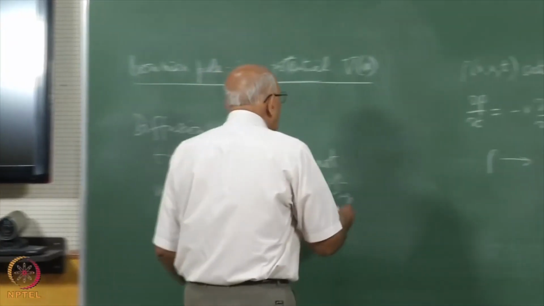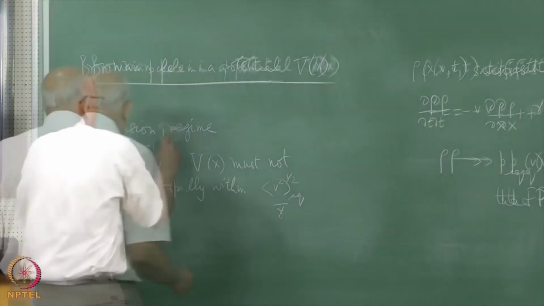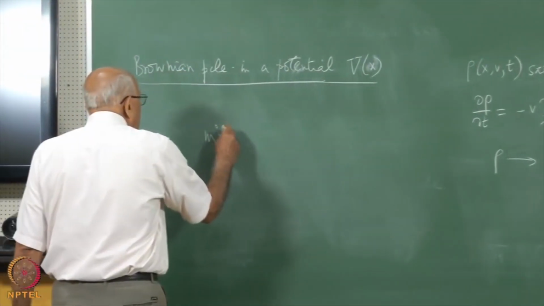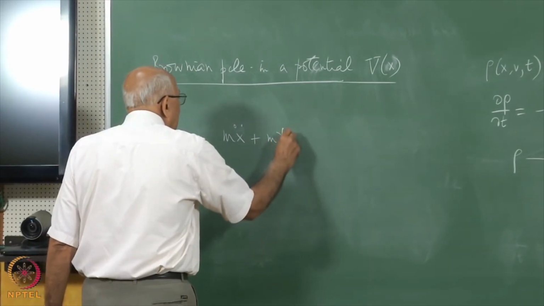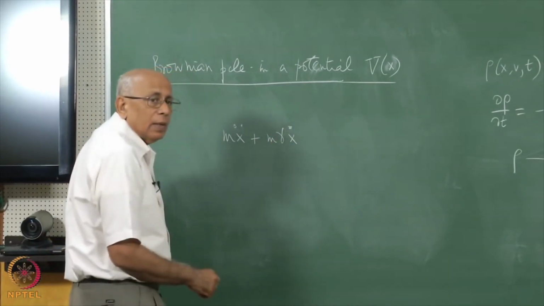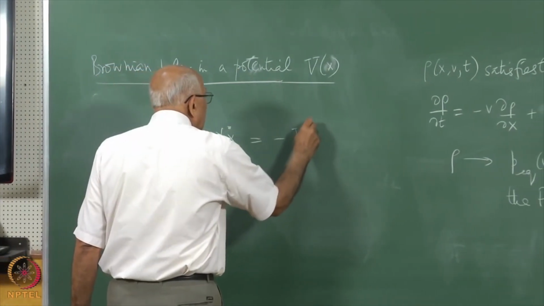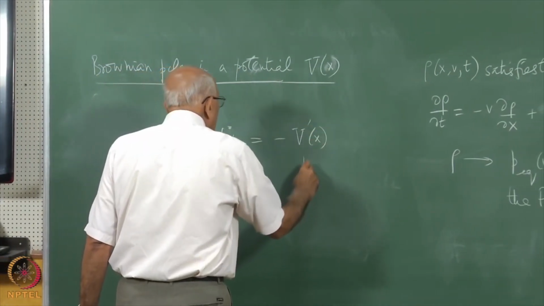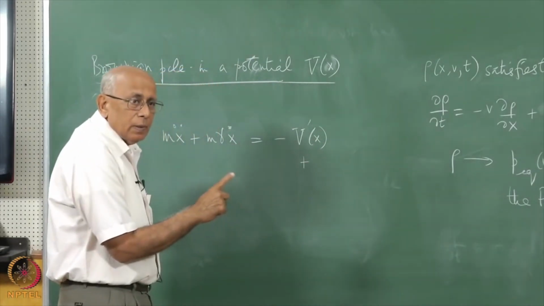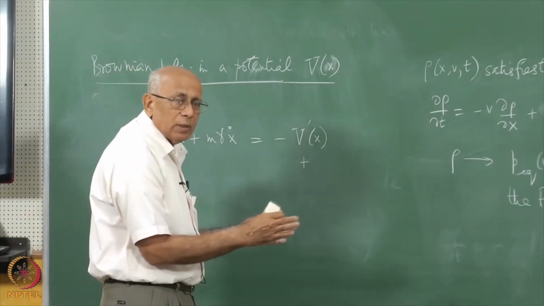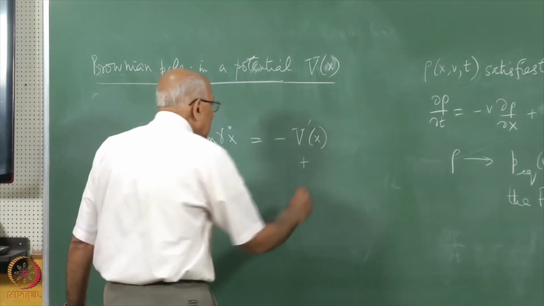So, essentially what you are doing is to take m x double dot plus m gamma x dot equal to minus V prime of x plus a noise, and the noise was precisely the noise that we had in the original.